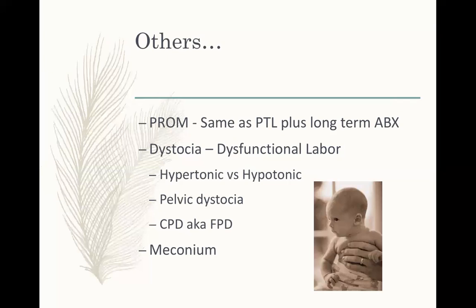We could have hypertonic versus hypotonic uterine activity, which is going to be either too many contractions or not enough contractions to create the cervical change that we need. Or in the case of too many contractions, then we're going to probably create distress in that fetus, and so that's going to cause a problem as well. A pelvic dystocia is the least common, and this is due to neoplasms or spinal disorders. So they're just not able to adequately birth the baby.